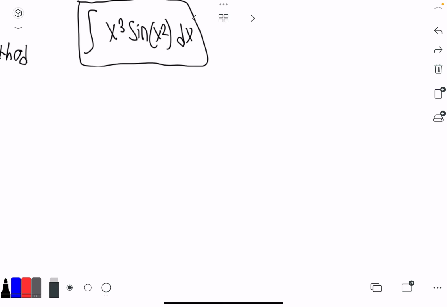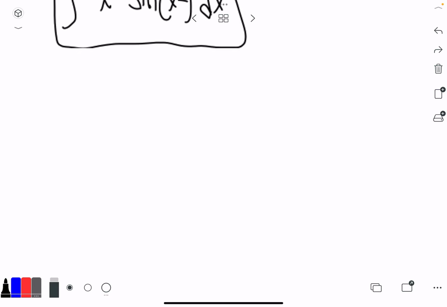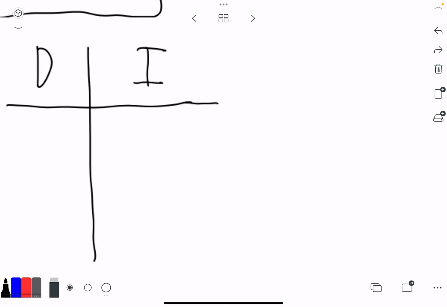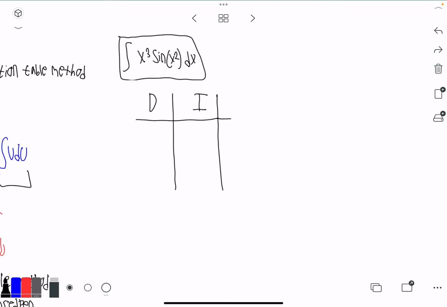If you recall, the DI method has two columns. One is where you differentiate the terms, and one where you integrate the terms. But for this method where you need to do substitution, I would like to add a third column.